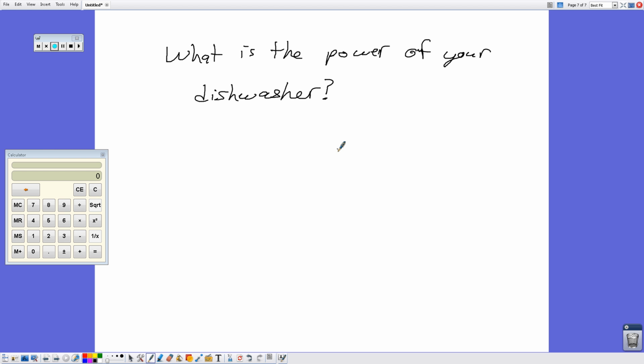And how long does that take? If you knew the power of your dishwasher, you can check, it's written on it, and you knew how many hours a week you spent running the dishwasher, you could find how much money it costs you to get clean dishes. All right, there we go.